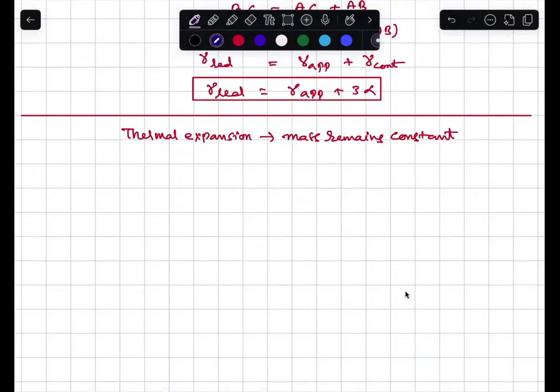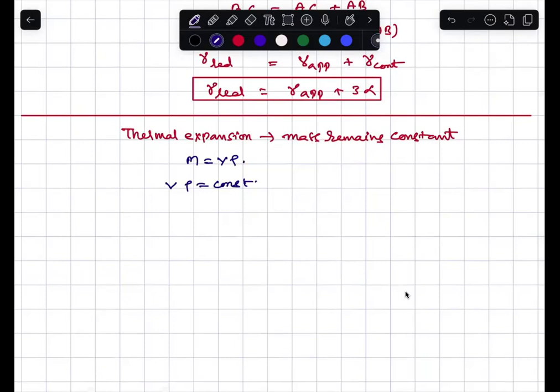So, how is it possible? As you heat, the volume changes. So, how come mass remains constant? Accordingly, the density will also change. Since mass is volume into density, as volume changes, density will also change.